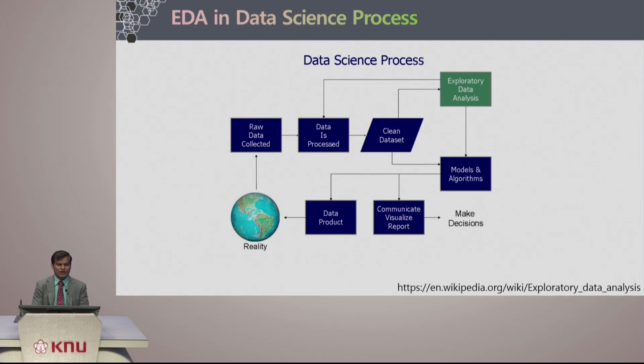So once you have the raw data, we can perform a simple analysis with EDA even before you process the entire data. That's why EDA is an important part of the data science process.